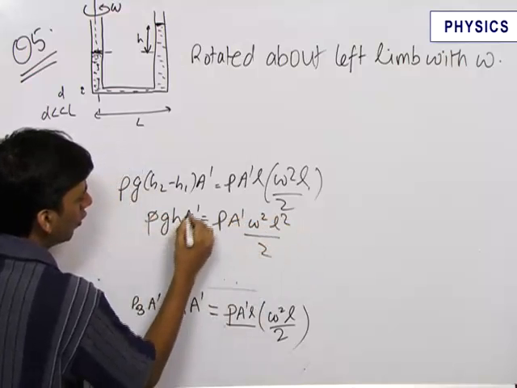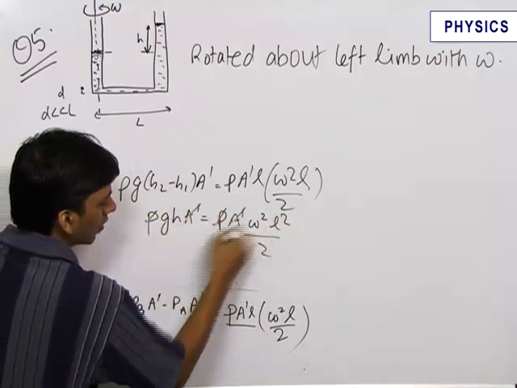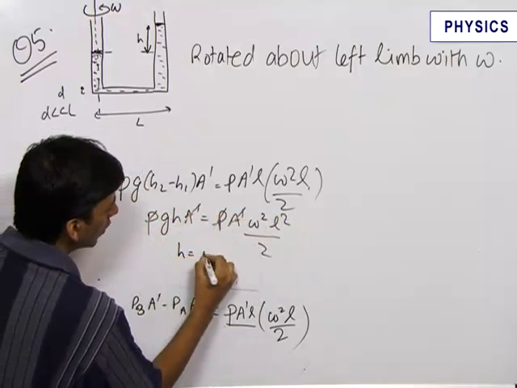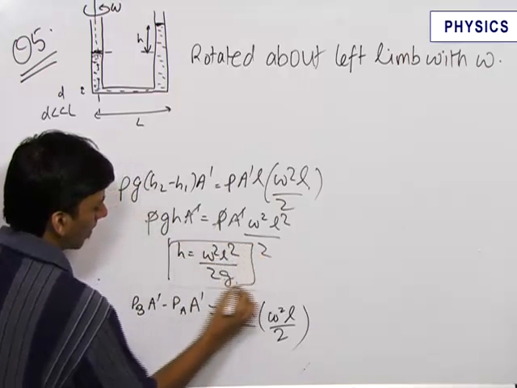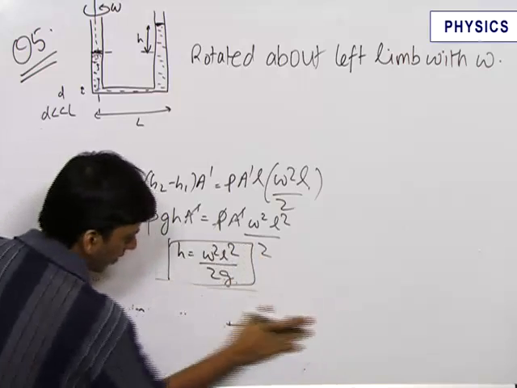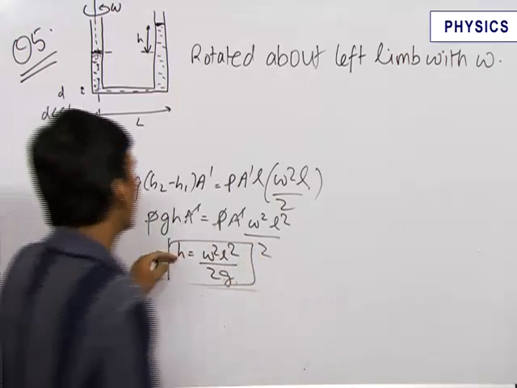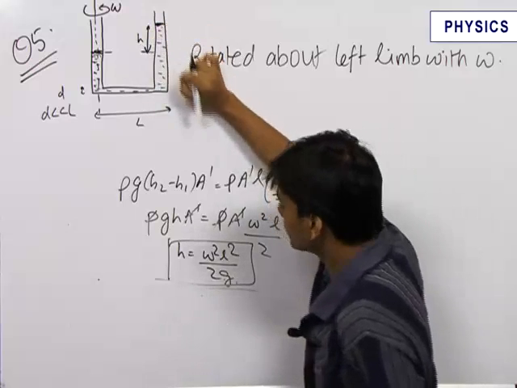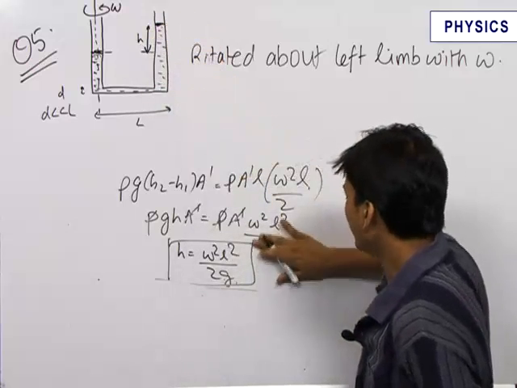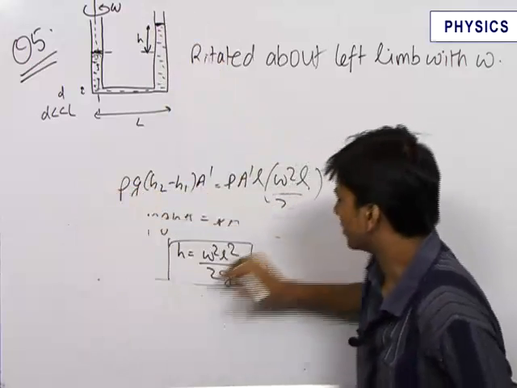We cancel rho A dash to get H is equal to omega square L square by 2g. So, the final answer for the difference in heights of the water column in the two tubes is equal to omega square L square by 2g.